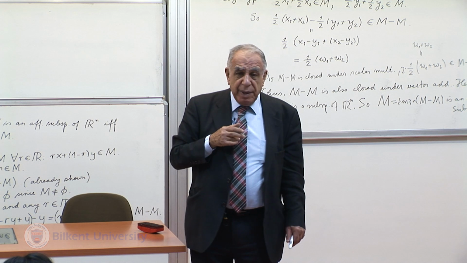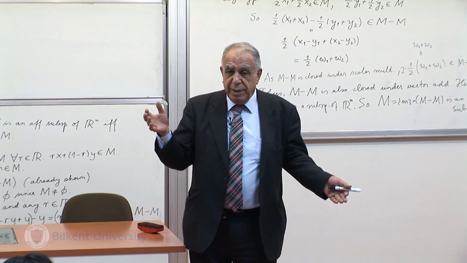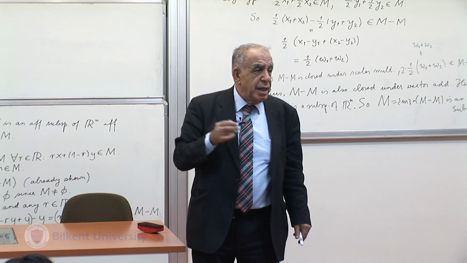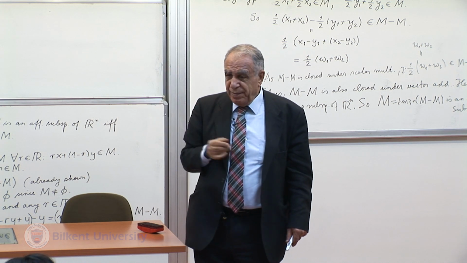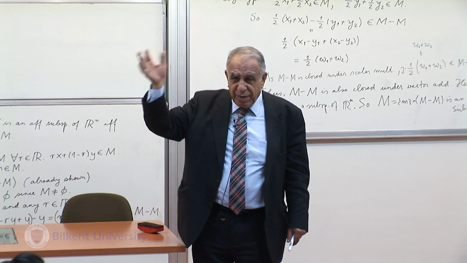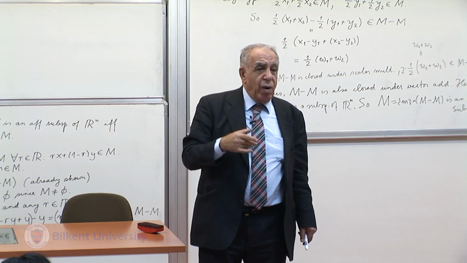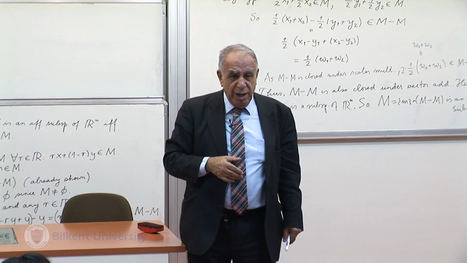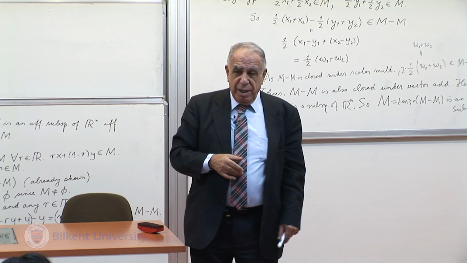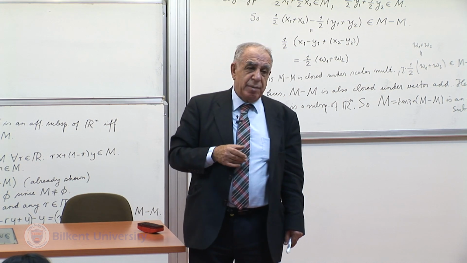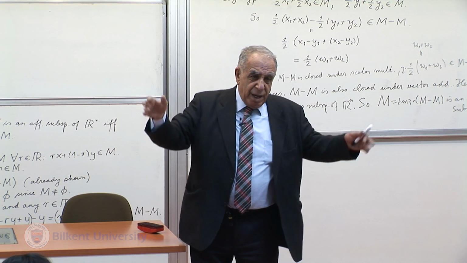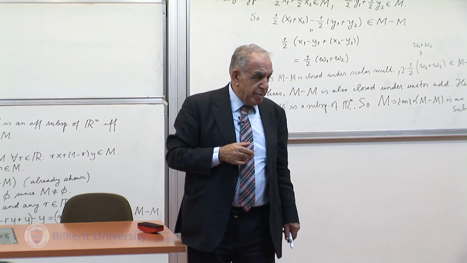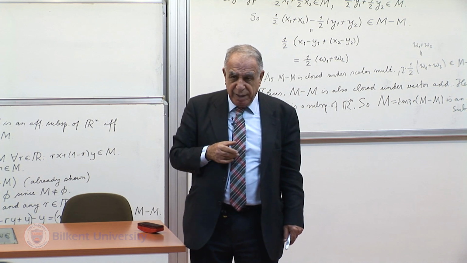Well, that might be empty, because in R3 we have seen all points are zero-dimensional affine subspaces, all lines are one-dimensional affine subspaces, all planes are two-dimensional affine subspaces, and R3 is the only three-dimensional affine subspace of itself.